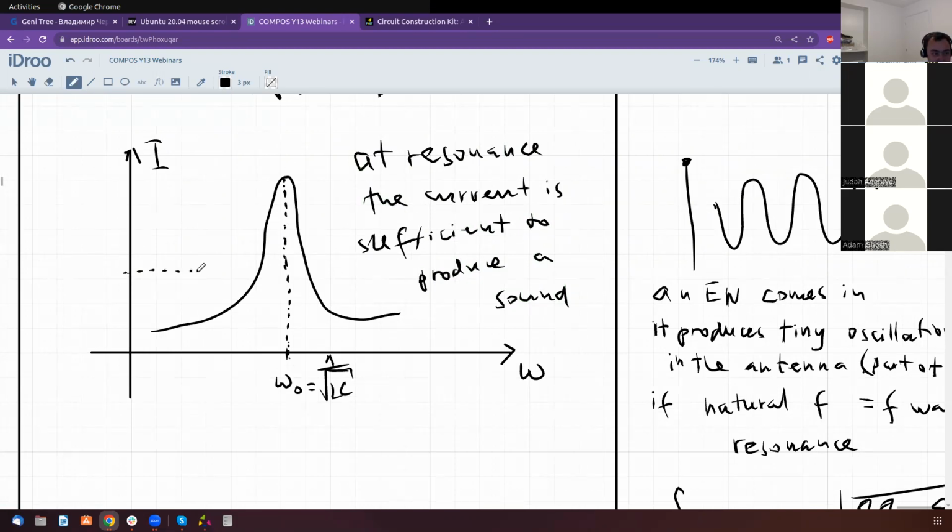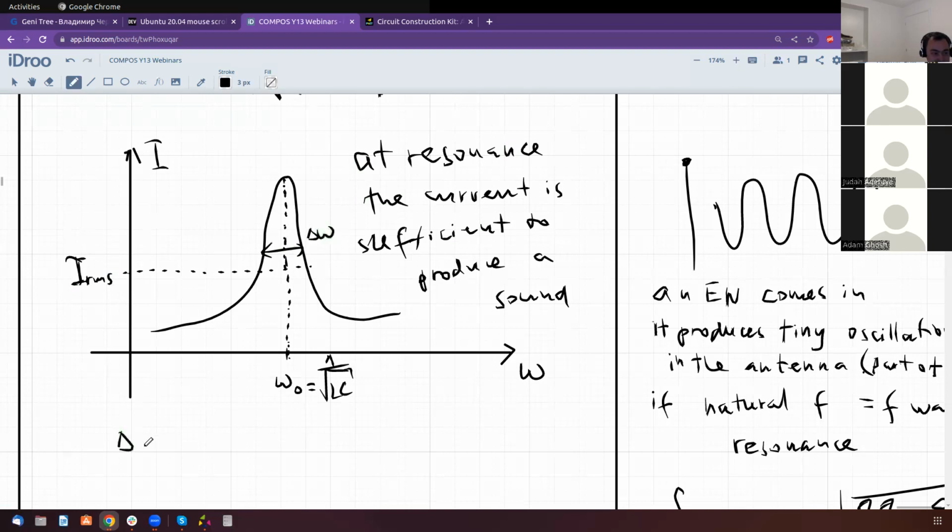Now, there's a value called the root mean squared value. So the root mean square current, that's the average current in the circuit. And the range of frequencies by which the current remains significant is called delta omega.